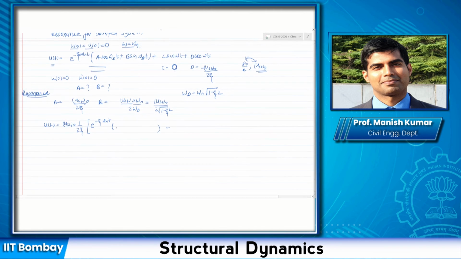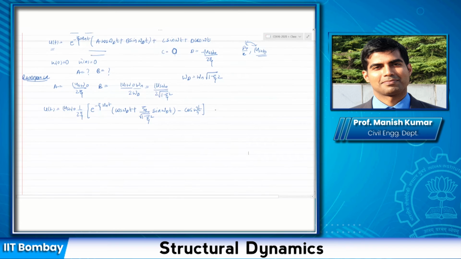This would be equal to cos omega d t plus zeta over square root of 1 minus zeta square times sine omega d t, minus, there would again be only the cos omega n t term surviving. So this is the expression that I get for resonance.